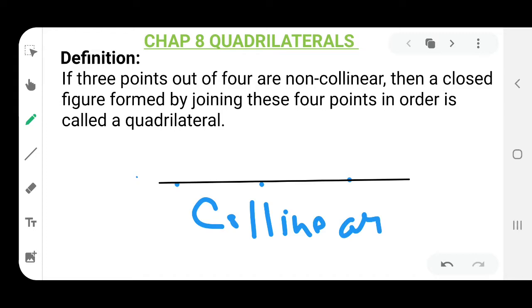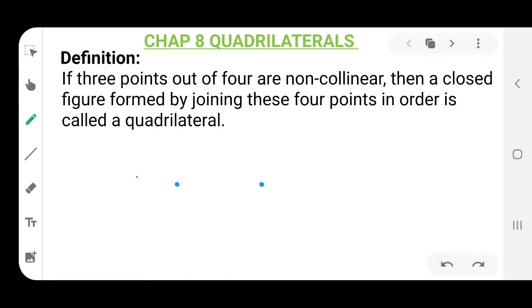But here we are going to understand non-collinear points. If there are 3 points out of 4 and they are non-collinear, here are 2 points, and suppose the third one is here. Can you imagine a single line passing through all these 3 points? No, it is not possible.